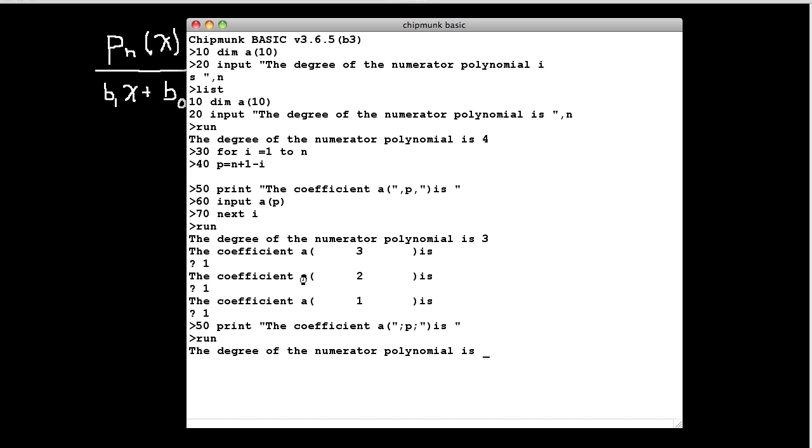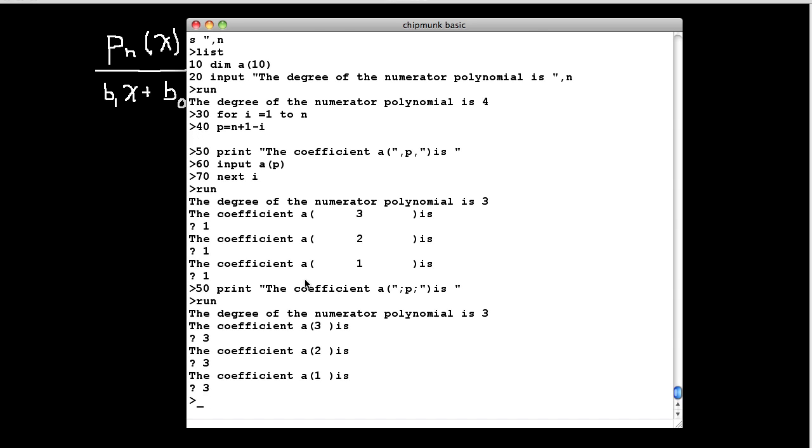Now type run, say 3, there, that's a little bit better. 3, 3, 3. Okay, so that's getting in the coefficients of our third degree polynomial to be 3, 3, 3.